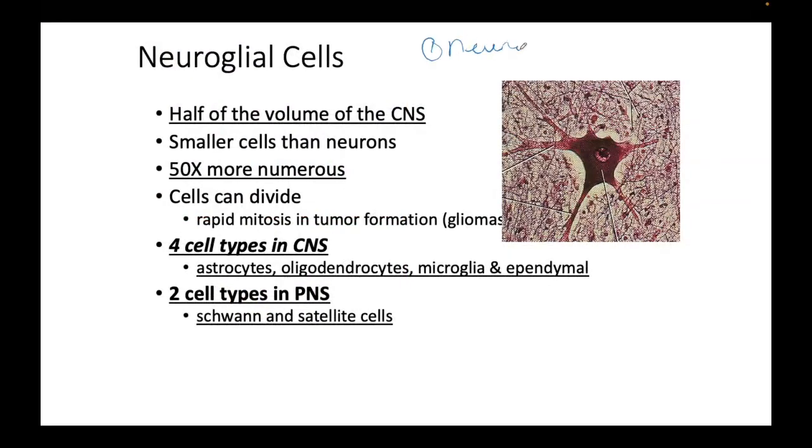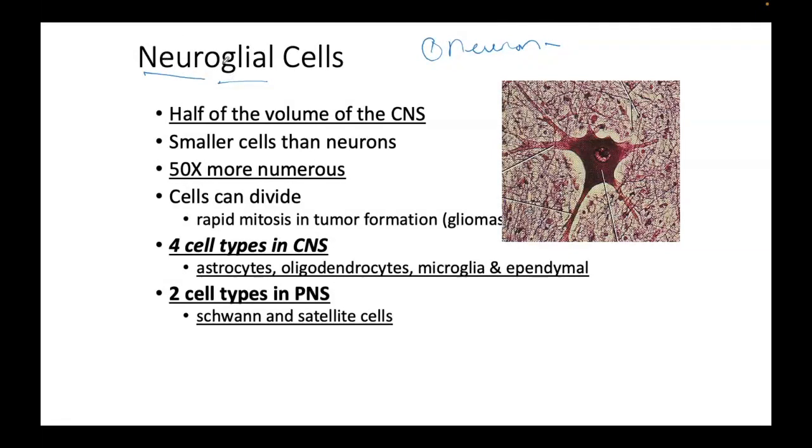We had the neuron, which was electrically excitable, and we spent some time talking about the different parts of the neuron, like the dendrites, the cell body, the nucleus, the Nissl bodies, the axon hillock, the axon, the axon terminal, the synaptic end bulbs, the axon collateral, the Schwann cell, the nodes of Ranvier, right? All these things you'll be studying and just reviewing and looking them over. That was electrically excitable. Now we're talking about the second type of cell called neuroglial cells.